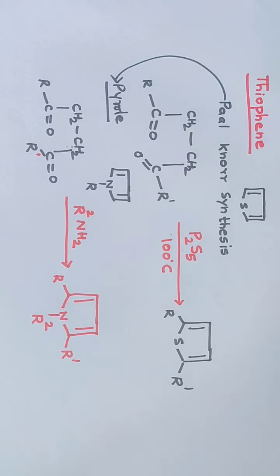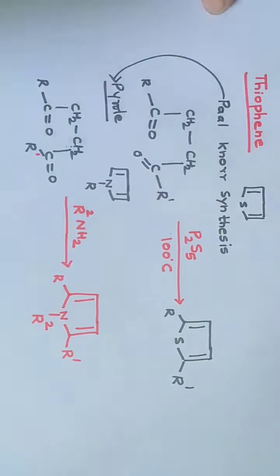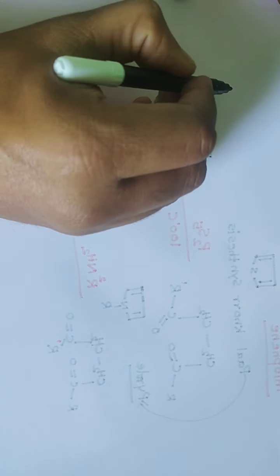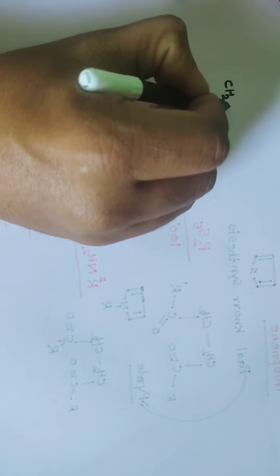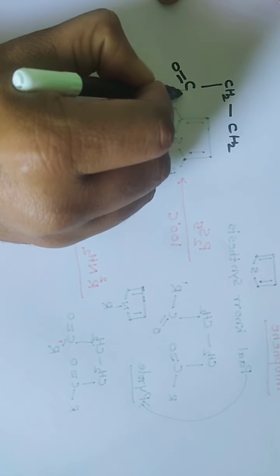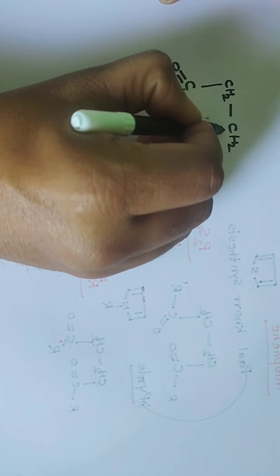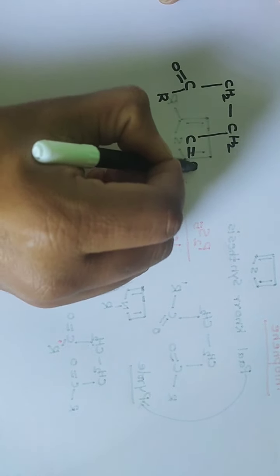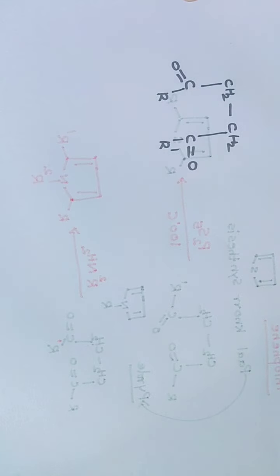So these 5-membered heterocycles, that is thiophene, pyrrole as well as furan, can be synthesized from 1,4-diketones. Let us summarize all the three that we have discussed so far. If you take a 1,4-diketone, CH2, CH2, C double bond O, R, and C double bond O, R dash.